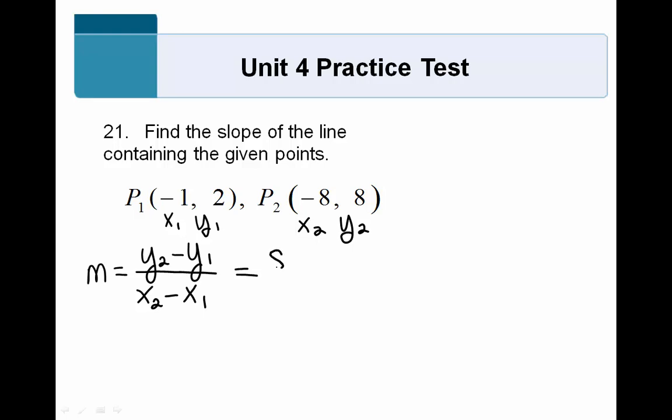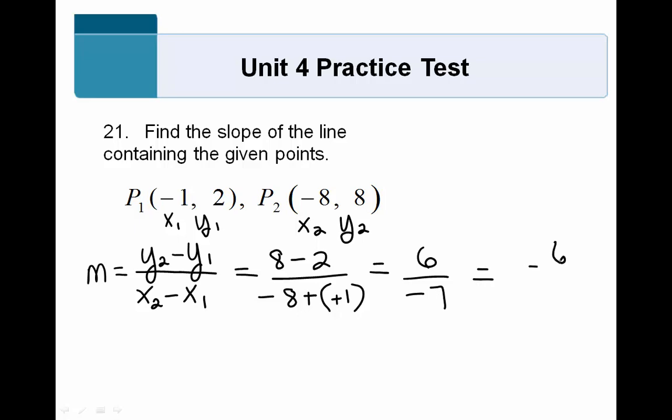So I will have 8 minus 2 divided by negative 8 minus negative 1. 8 minus 2 is 6. I do a change there, so that's going to be negative 6/7. If you want to just leave the negative on the bottom, that's fine, or it can go out front, or it can go on top. So make sure you have one negative there. Okay? So that's the slope of the line that goes through those 2 points.